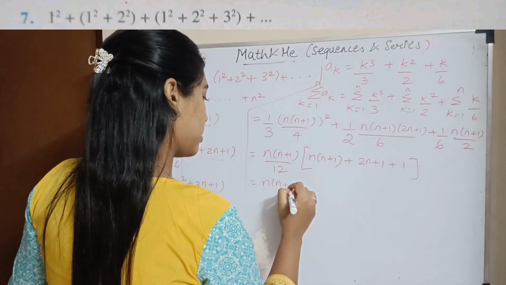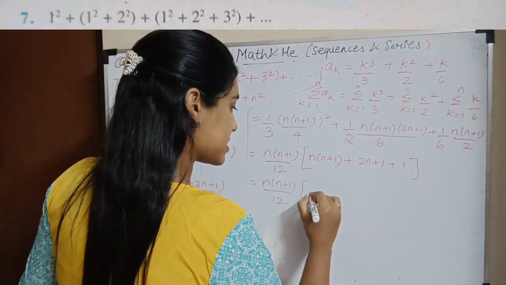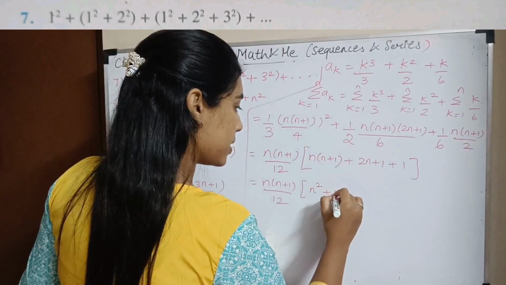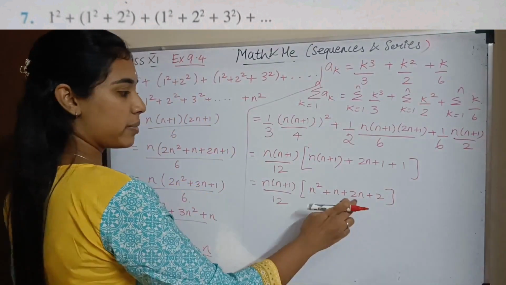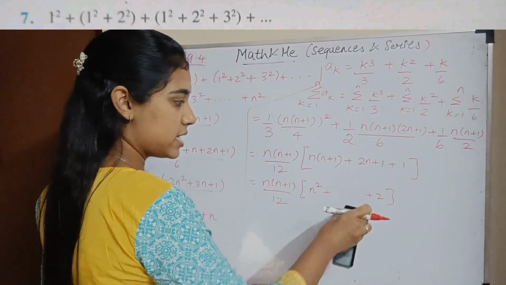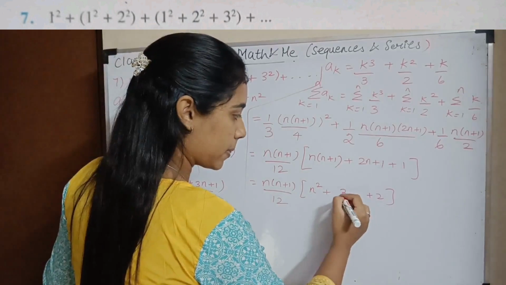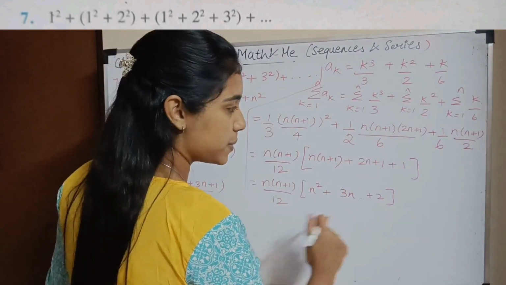n into n plus 1 divided by 12 times, I am going to multiply this inside. So I have n square plus n plus 2n plus 2. 2n plus n is 3n. What does this look like when I do the splitting the middle term?